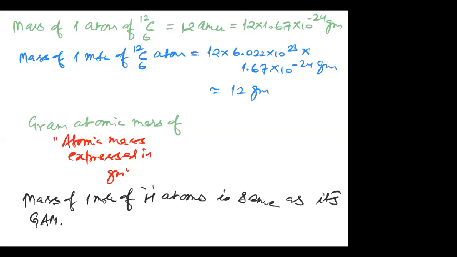Gram atomic mass of carbon is also found to be 12 gram. We know atomic mass of carbon is 12, so gram atomic mass comes out to be 12 gram.